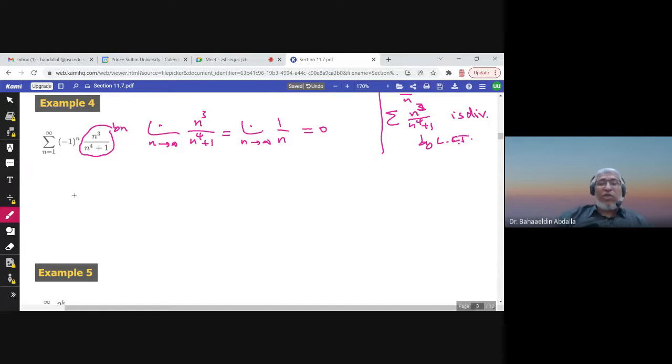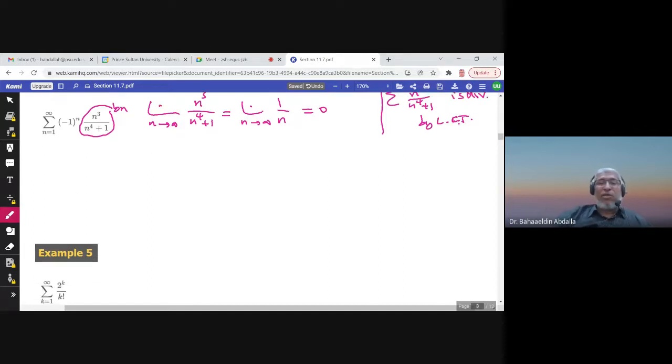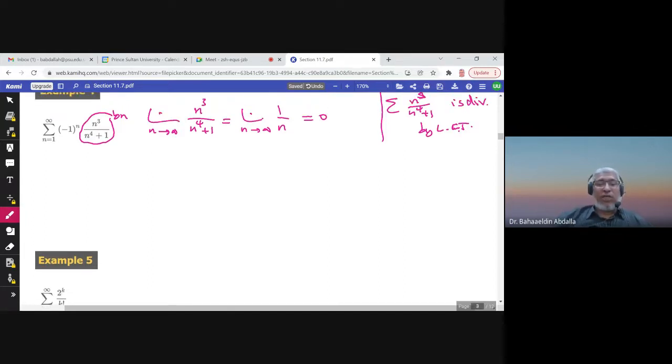We just need to make sure that b_n is decreasing. And because I have n above and n below, I will write this function and prove that it is decreasing for n greater than or equal to 1 or maybe 2, whatever.